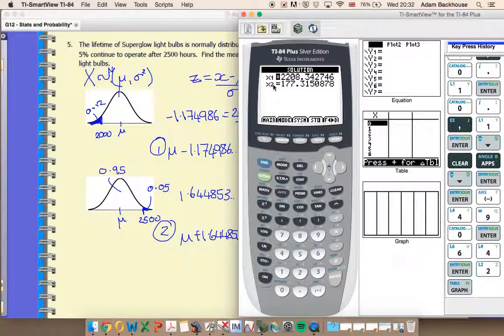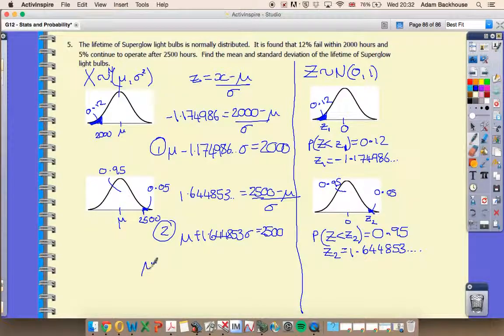So they've come out in the same order. So I have a mean of 2208 and a standard deviation of 177. So those would be my two answers.